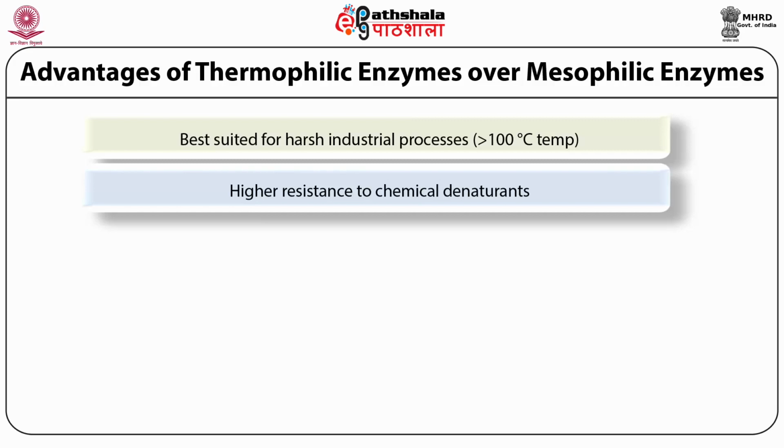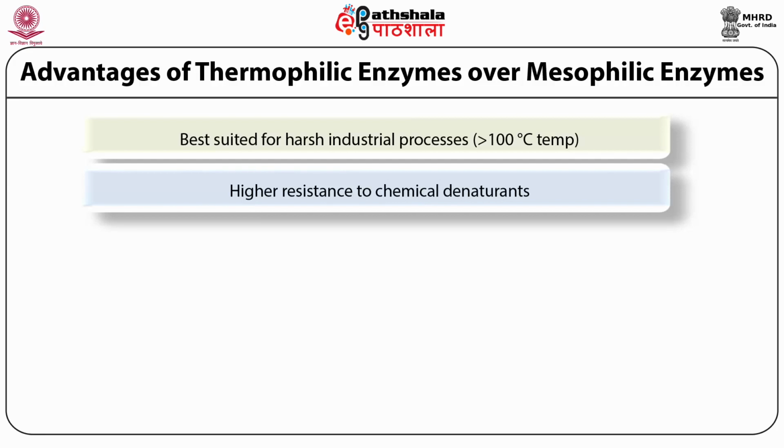Along with that, these thermophilic enzymes are known to have higher resistance to chemical denaturants as well. The harsh organic solvents and, for example, guanidine hydrochloride, such chemicals which lead to denaturation of normal mesophilic enzymes, can be tolerated by these thermophilic enzymes.